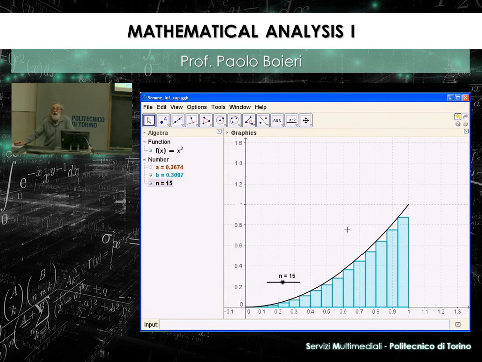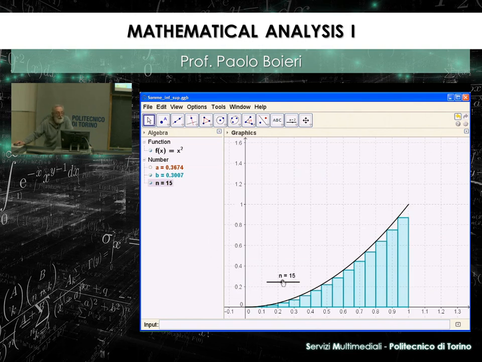It is very easy to understand, the area of this region will become a little closer to the area of my trapezoidal region, okay? That is the area below my graph.